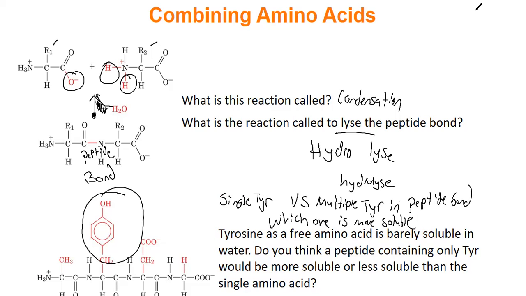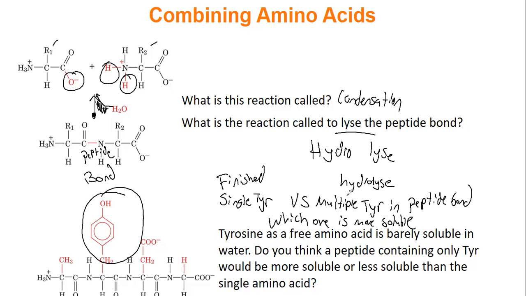Actually, I didn't have a poll for this, but let me use one of my old polls. Let me just see which one's good. All right, I'm going to use the question timer for this. So the way we're going to do this is if you think the single tyrosine is more soluble, answer finished.